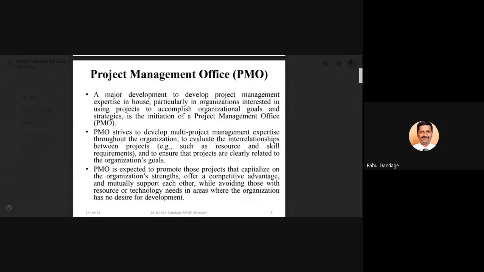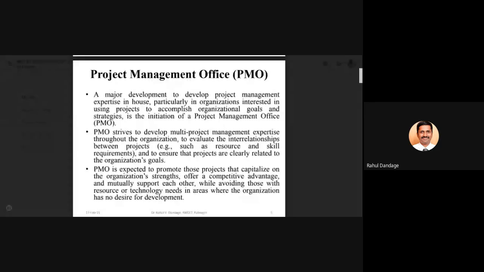So this is what we are discussing. Whenever we go for selection of the project, which will be the most important part of the initiation phase, if multiple projects are in front of you and you are supposed to select one, this project management office will help the organization choose the right projects.